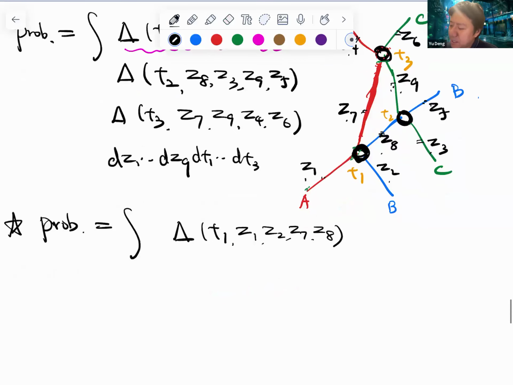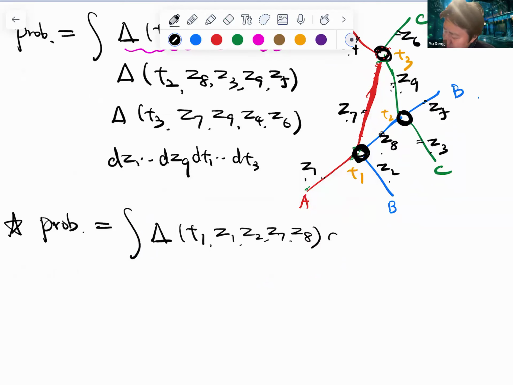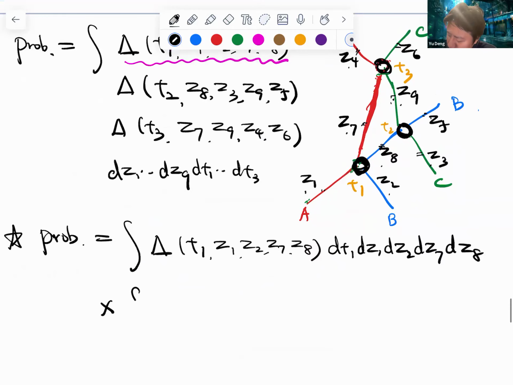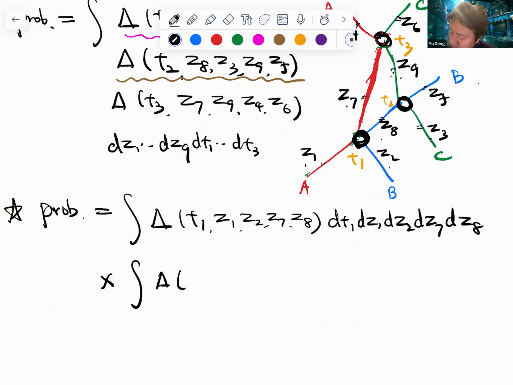Okay, but this factor is going to associate with the variables dt1, dz1, z2, z7, z8. Okay, and then we have this times the next integral. The next integral is going to be involving this second factor. Okay, so we have delta t2, z8, z3, z9, z5.